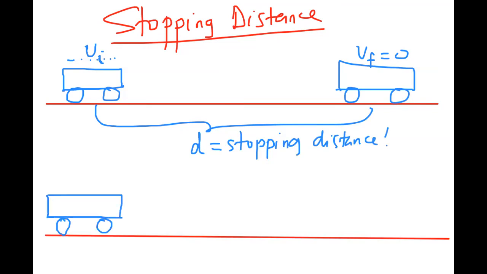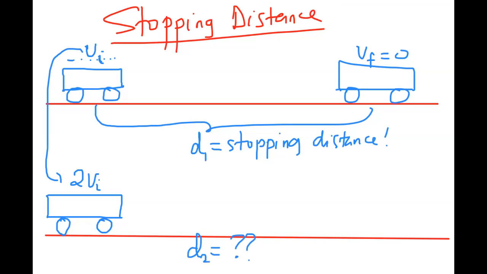Let's say the car started slowing down when the velocity was twice VI. Then what will be the stopping distance? I want you to compare this distance 2 with distance 1. How does it compare with distance 1?